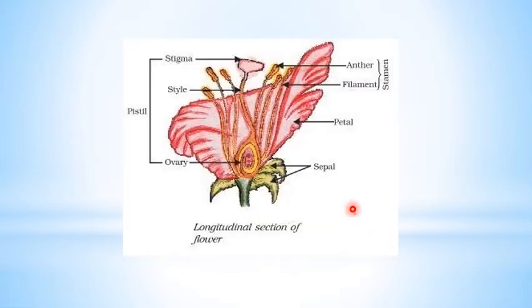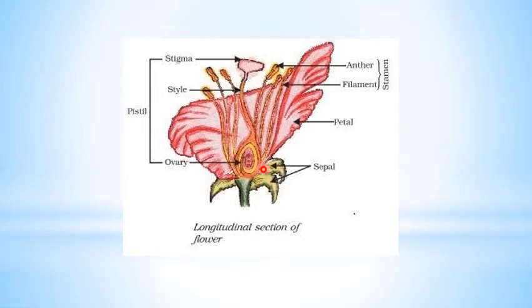So in this diagram, which is known as the longitudinal section of the flower, you can see this stalk-like structure. This is known as the pedicel, which becomes swollen. The upper portion of that pedicel, when swollen, is known as the thalamus, on which the four whorls of the flower are arranged from the outer to the inner side.